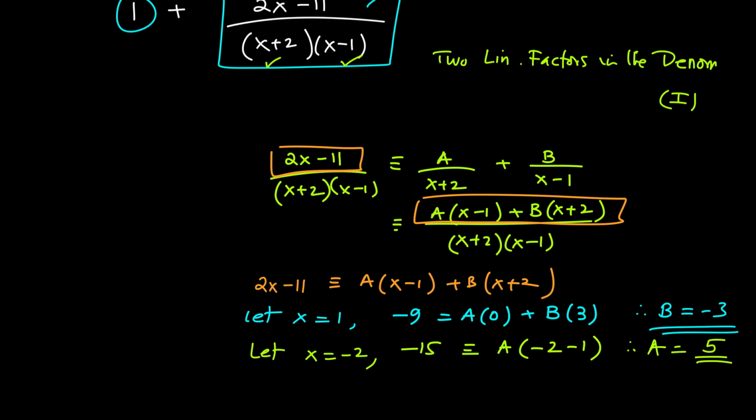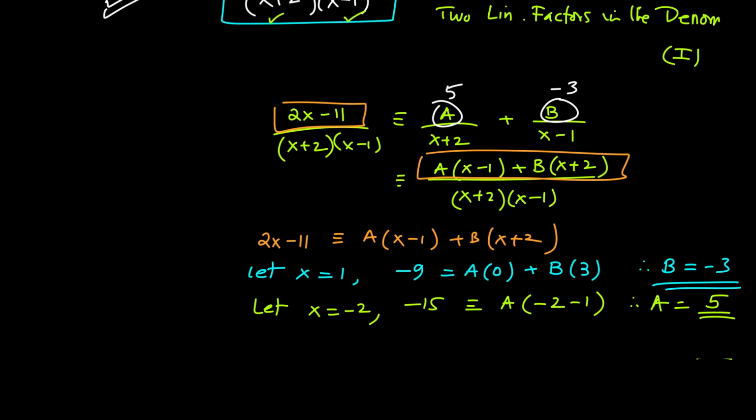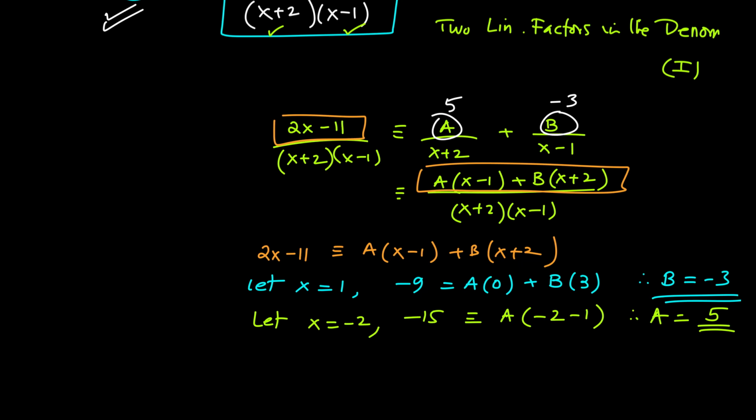So now A is 5, B is negative 3. Don't forget this 1. Your final answer is 1 plus 5 over x plus 2, minus sign in the middle, 3 over x minus 1. That is the answer for this particular question.